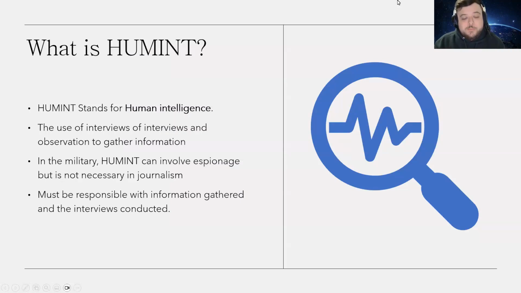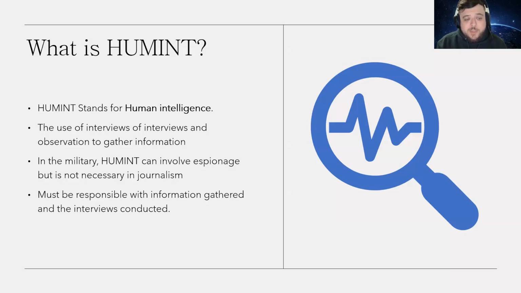Different from the last session, what we're going to be talking about today is more journalistic stories and identifying people. And part of that, the more military term for that would be HUMINT, rather than OSINT. HUMINT stands for human intelligence rather than what OSINT stands for, which is open source intelligence.